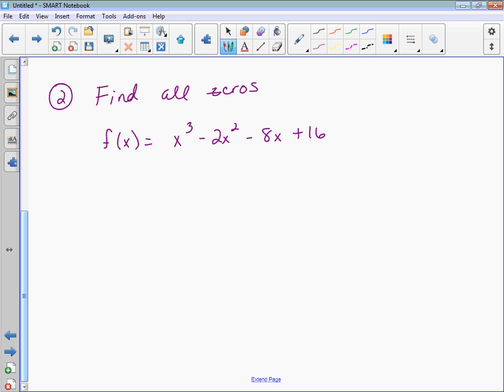Guys, you got to know what the directions mean. So, if it said find all possible rational roots, that's just P's and Q's. This means I want the actual zeros or x-intercepts from the graph.